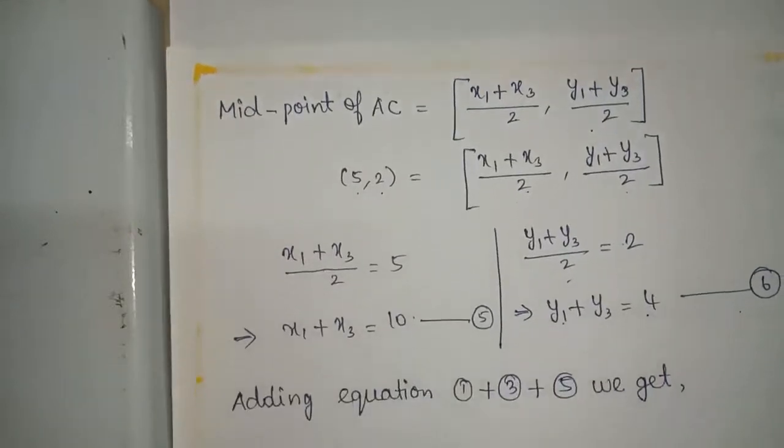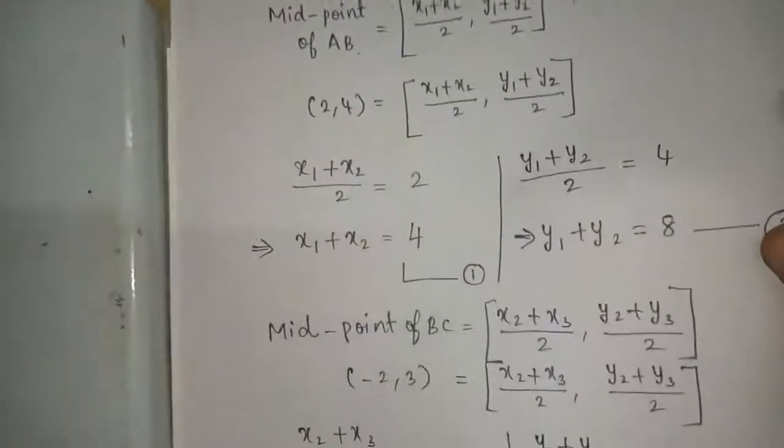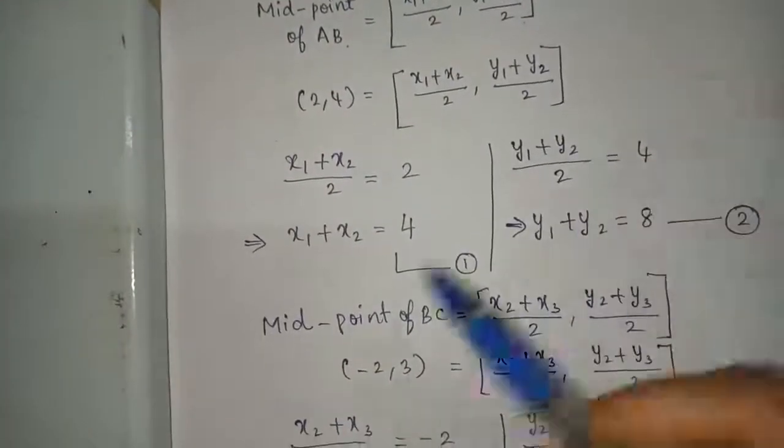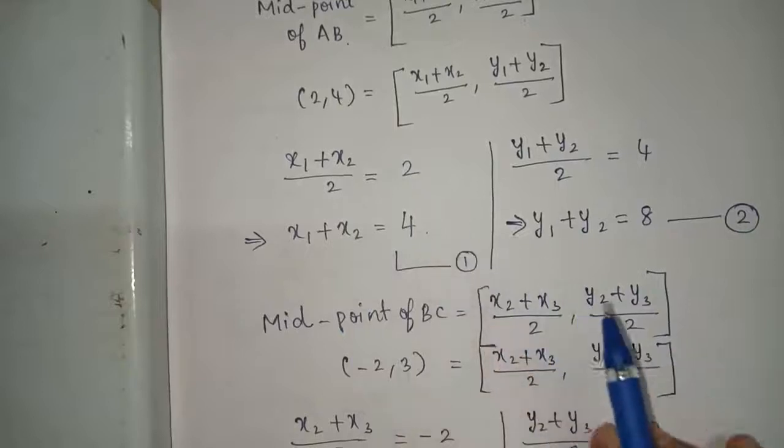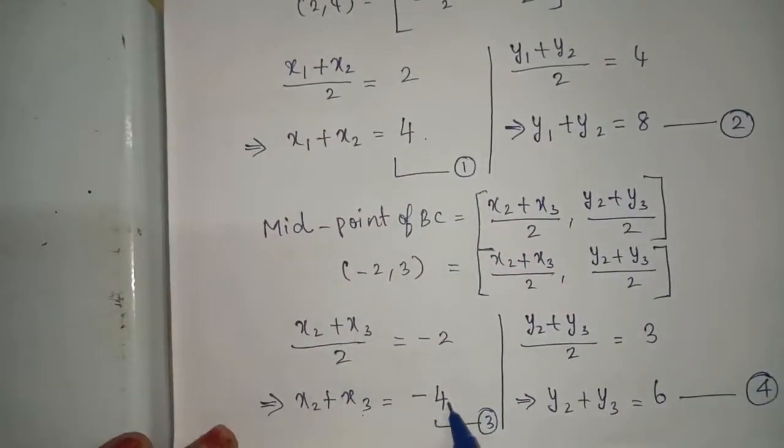The next step is you have to add equation 1, equation 3 and equation 5. We already found equations 1 and 2. So equation 1 is x1 plus x2 is equal to 4. Equation 3 is x2 plus x3 is equal to minus 4.